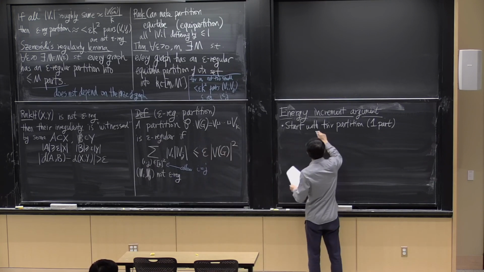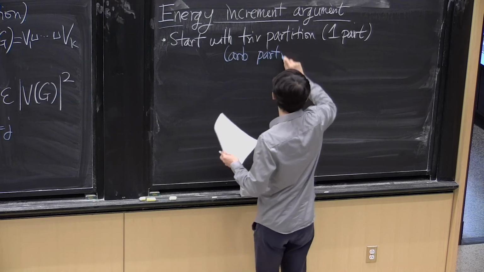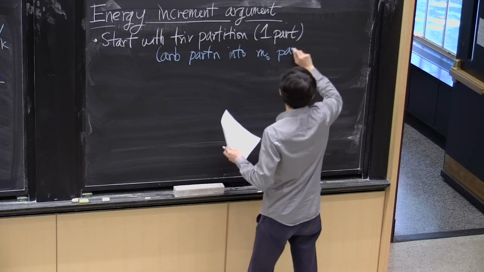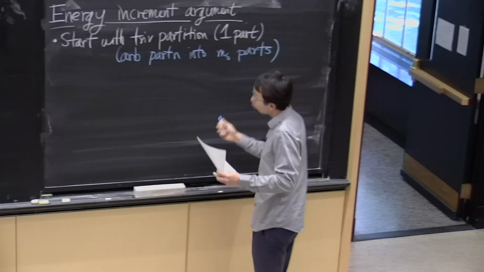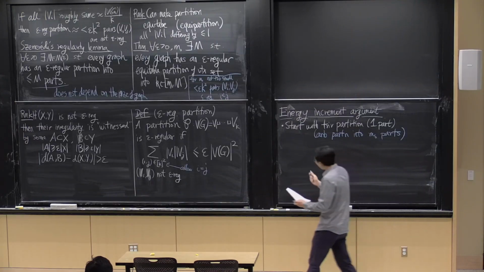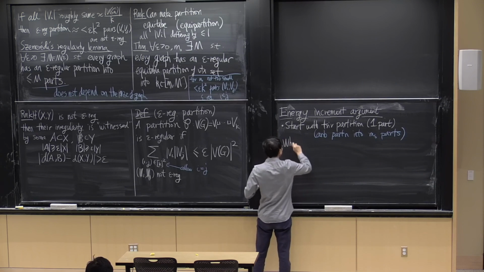Or if you're looking at some other variant, you can easily modify the proof. For example, you can also look at an arbitrary partition into m_0 parts, if you wish to have that as your starting point. All I'm saying is that this proof is fairly robust. And we're going to do some iterations.